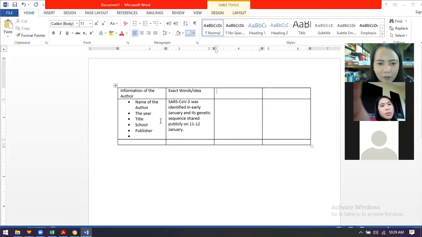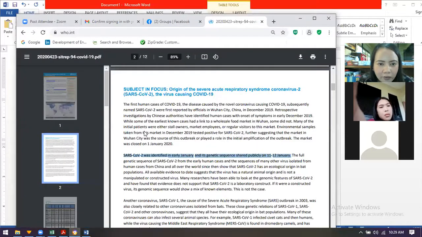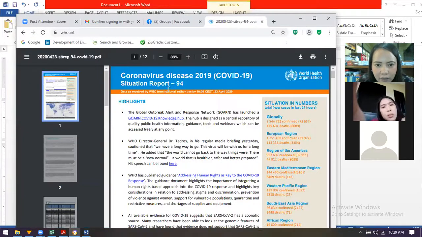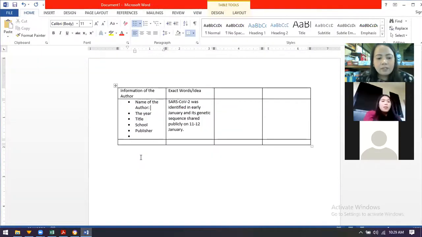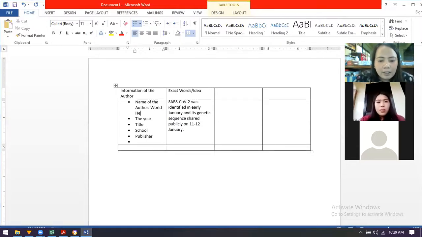So ngayon, itong mga information of the author, i-fill out nyo na to. So halimbawa, balikan nyo, dito nyo nahanap yan lahat. So since ito, ang author ninyo will be World Health Organization. Ibig sabihin, not necessarily author ha, pwedeng organization.